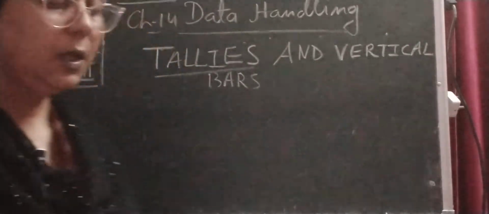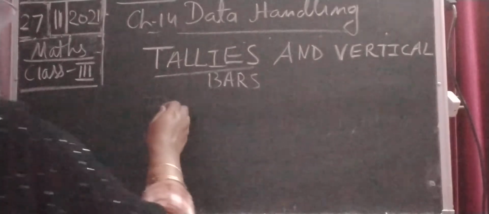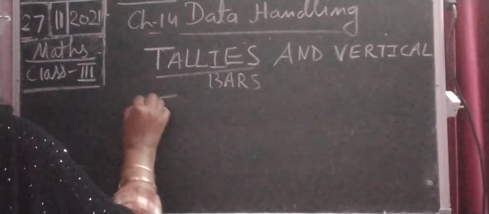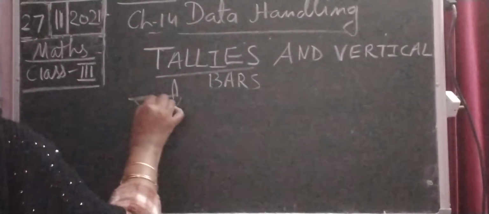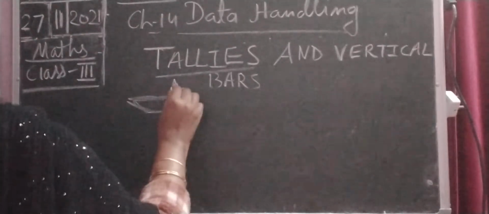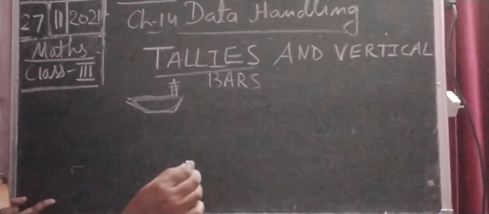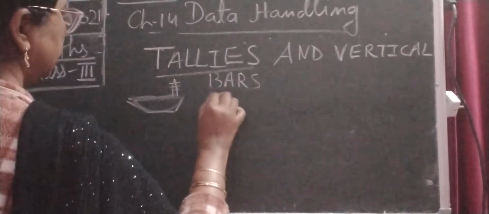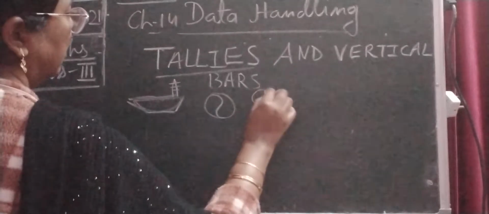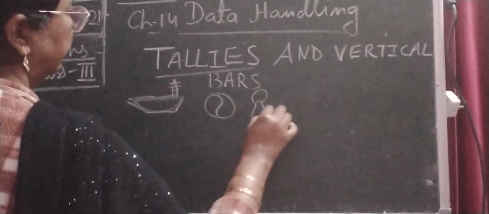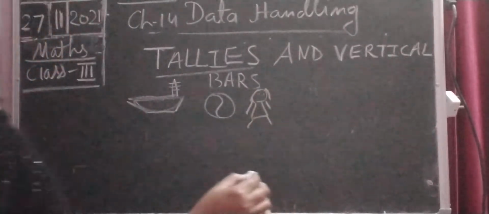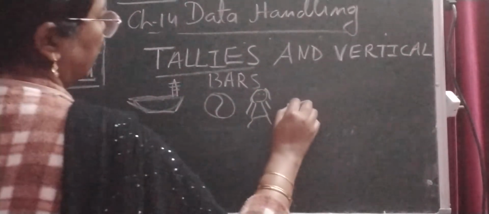It means if the toys are there, so suppose there is a boat. Okay. There is a boat and balls and doll and car.